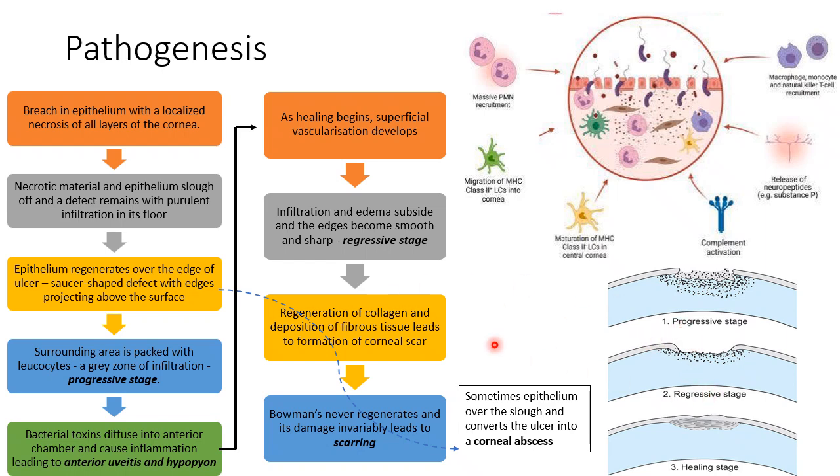Followed by regression, regeneration of collagen and fibrosis happens, and finally the ulcer is healed, the inflammation has disappeared, and a scar remains. The scar would be of varying density depending on the extent or the depth of involvement of the corneal layers.